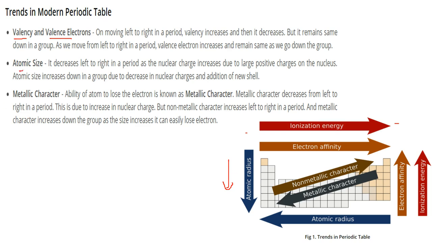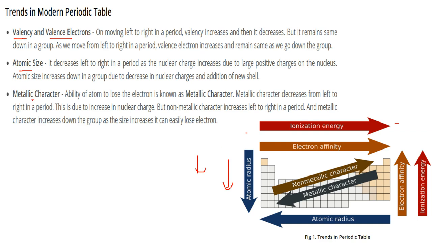The atomic size of the element decreases from left to right in a period as the nuclear charge increases, because of the large positive charge on the nucleus. Atomic size increases down a group, because of the decrease in nuclear charge and the addition of a new shell.